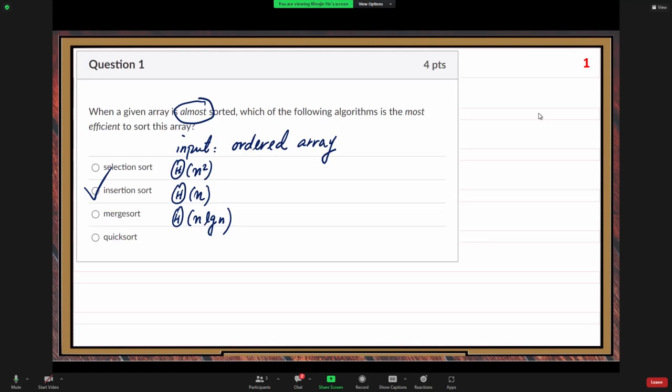But you can think of it this way. Merge sort always splits in the middle, which means the data distribution is very balanced.